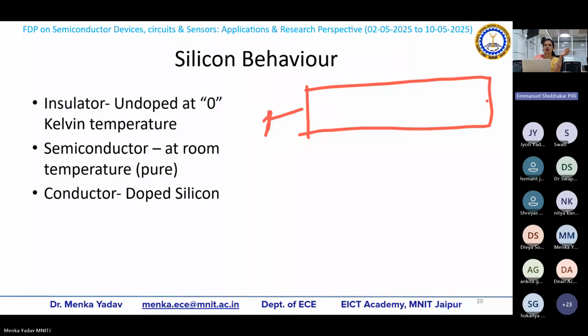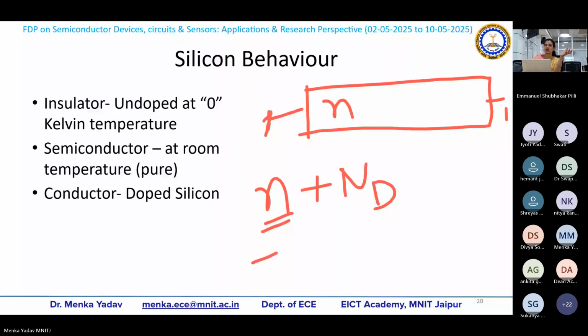So the number of free charge carriers, if it is N type, so N plus Nd. There will be donor type impurities. This N is actually negatively charged, Nd is positively charged fixed ions.